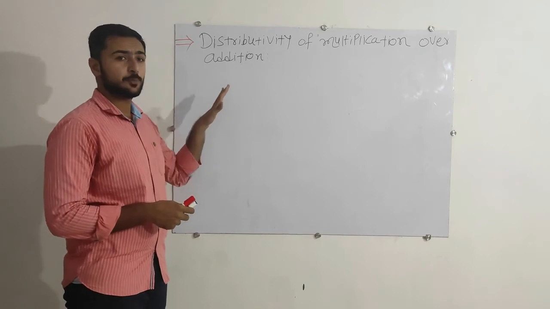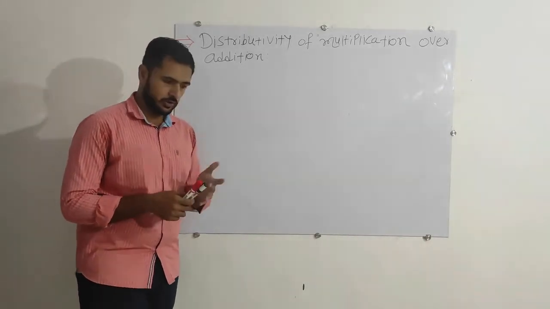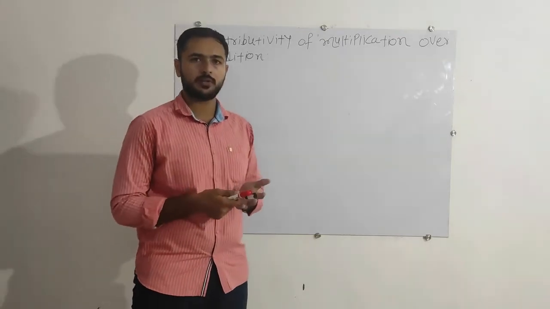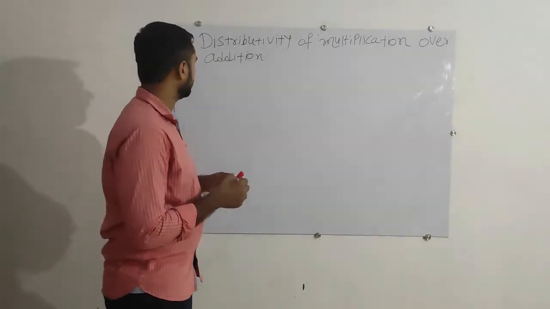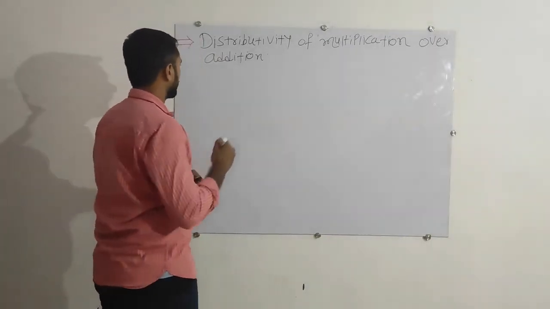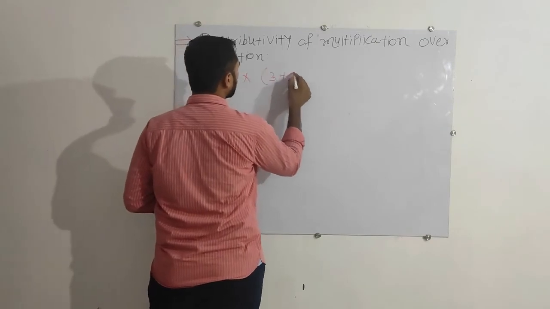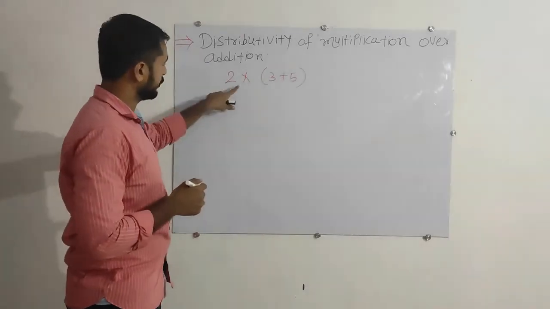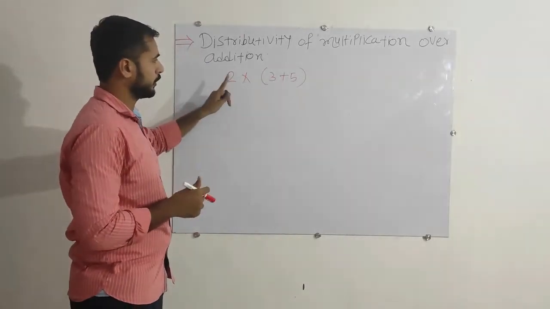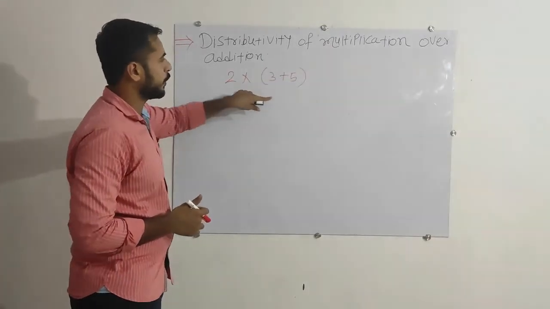Now we will see the distributive property of multiplication over addition. So the question is, what is the distributive property? Okay, it's very simple. We will understand it by an example. Suppose I have 2 multiplied by (3 plus 5). Here it is the distributive property of multiplication, because we will distribute this.